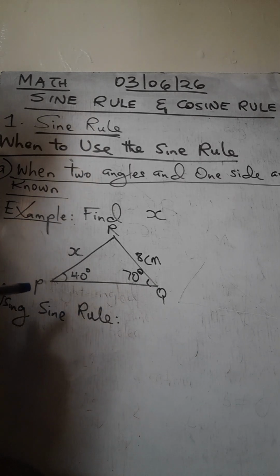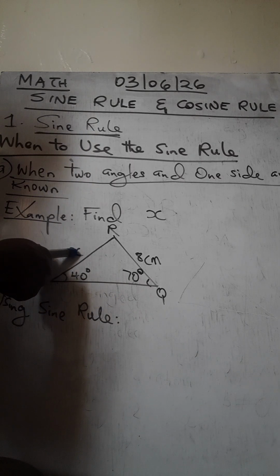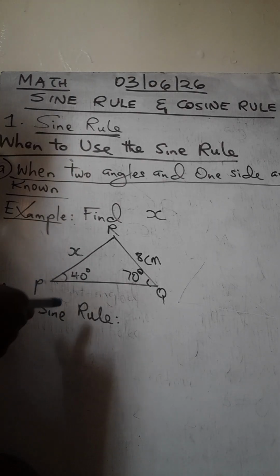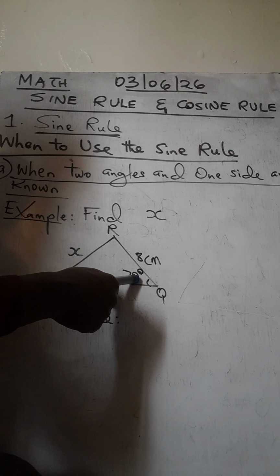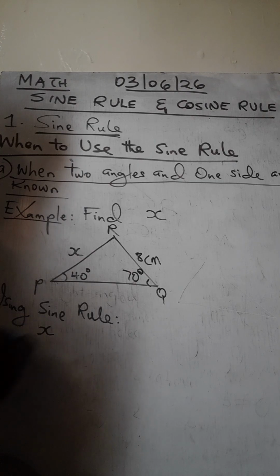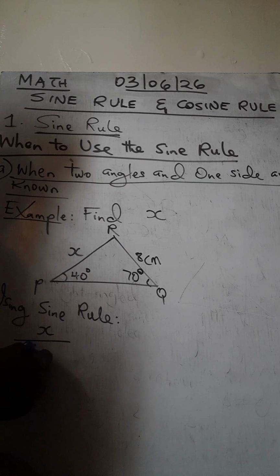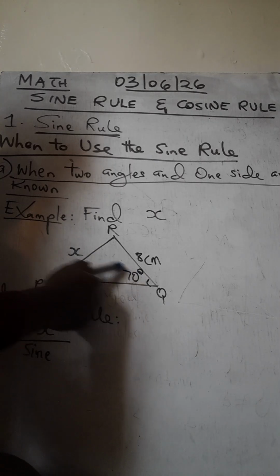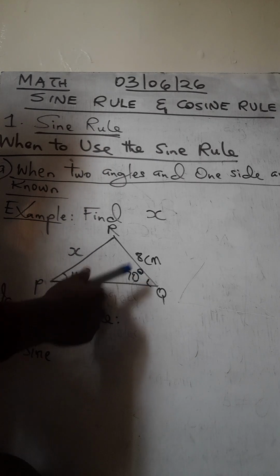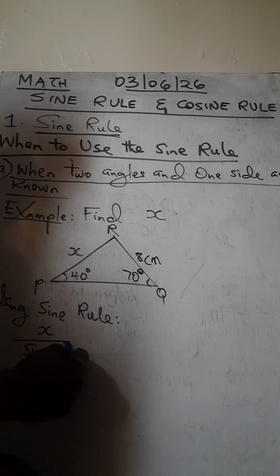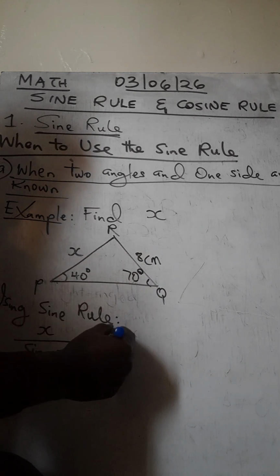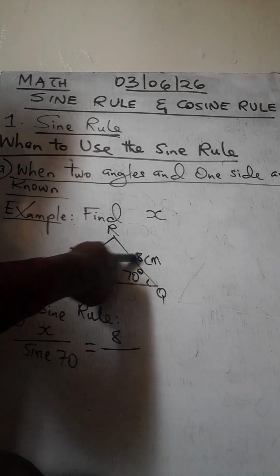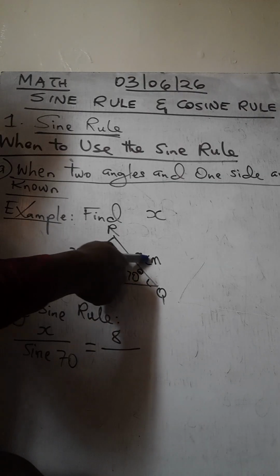So using sine rule, you say side over sine of the opposite angle, this way. Look at the movement of my hand. x over sine of 70 equals side over the sine of its opposite angle.